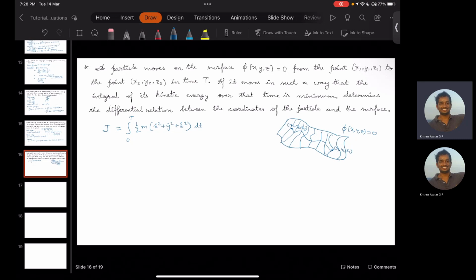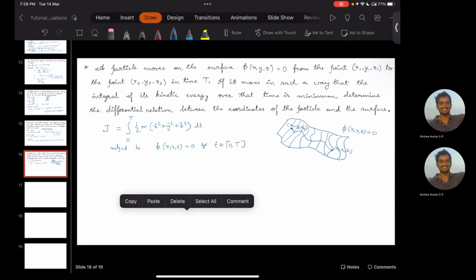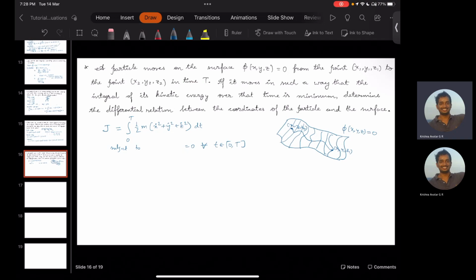So we need to construct this subject to phi(x, y, z) equal to 0 for all t in the interval 0 to capital T. Mind you, to be more explicit, I should write phi of x(t), y(t), z(t) equal to 0 for all t in the interval 0 to capital T. So we construct an augmented functional.